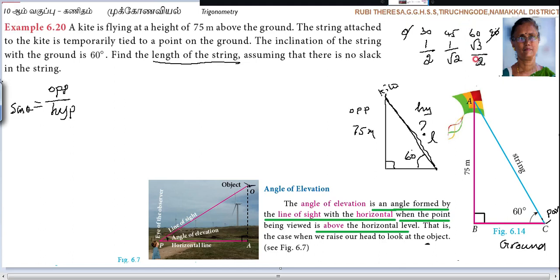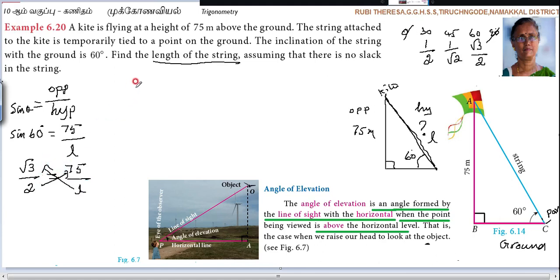So here we want 60 degrees. Sine 60 degrees: what is the opposite side? 75. The hypotenuse is the length of the string, L. Sine 60 is root 3 by 2, equal to 75 divided by L. Do the cross multiplication.